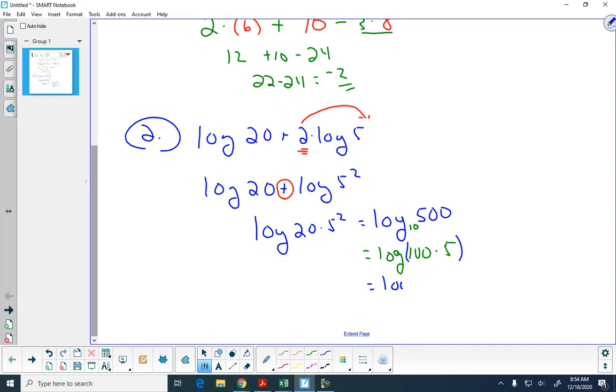This is log of 100 plus the log of 5. The log of 100 is a value of 2 plus the log of 5. So we have 2 plus the log of 5. And I don't know why I put log of 2. I'll just blame it on my old manness.